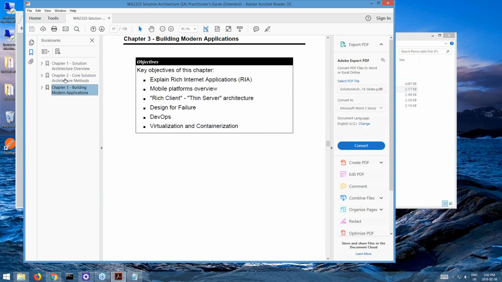We'll take a look at how we put things together in the current time frame, and also a little bit about cloud operations designed for failure, distributed systems, and DevOps, and a little browse over virtualization and containerization.